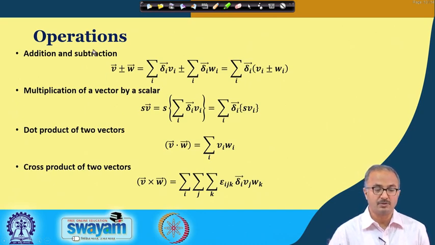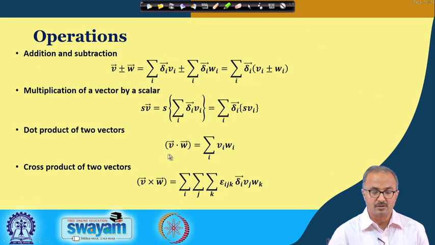Now we come to the operations. Here we have addition and subtraction. So it is V plus minus W, as I told you that we first put in terms of these dyadic vectors. So you can see that delta i Vi plus minus delta i Wi is equal to delta i (Vi plus minus Wi). Similarly, multiplication we are putting in terms of the dyadic thing, it is coming like this.